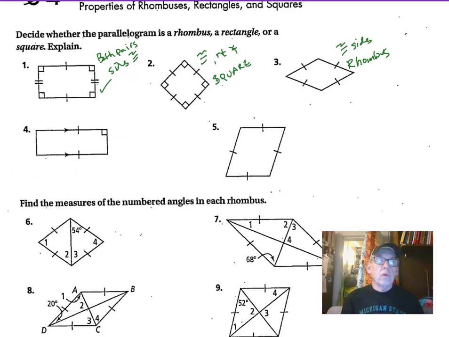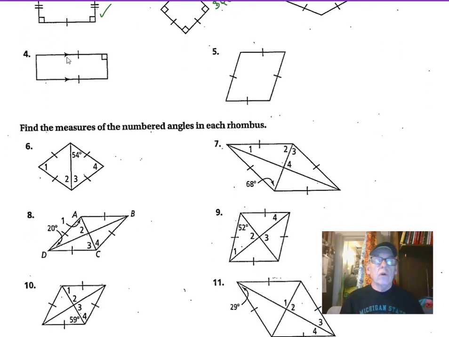Let's look at number 4. Number 4, we've got one pair of sides that are both congruent and parallel.